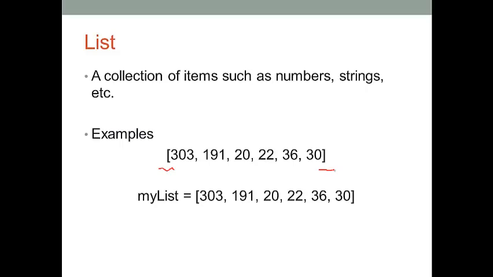Second, we must separate items of a list by commas, as you can see on this slide. We must separate each item in a list by a comma. These are 2 important rules we must follow when we create a list.